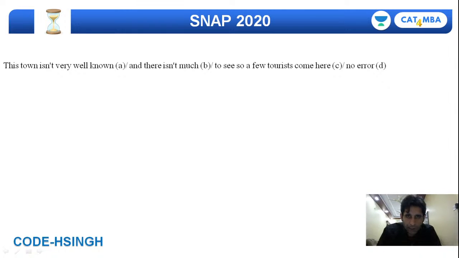What should be the answer? Okay, Deepshika says C option. Okay, anyone else? Before I take this for discussion, any guesses, guys, on this one? Okay, C option. Okay, Rashi says C option.